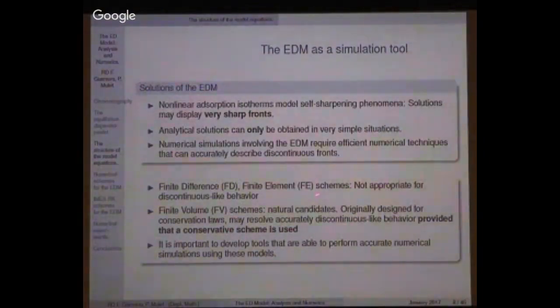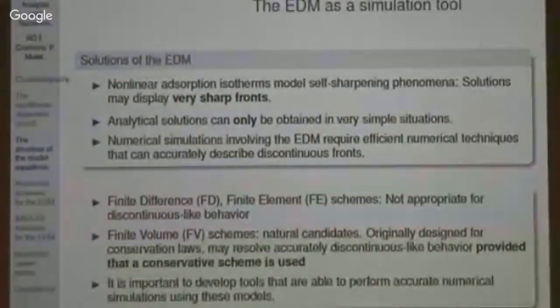They may resolve accurately discontinuous behavior, provided that a conservative scheme is used. This is important, okay? So it is important to develop tools that are able to perform accurate numerical simulations using these models. And what we saw is that they're not that accurate, and let me tell you about that, okay?